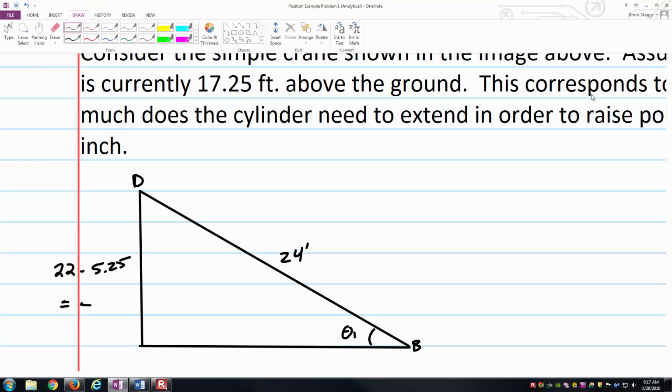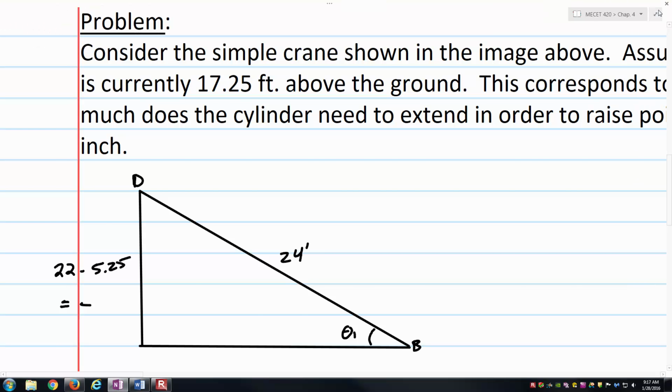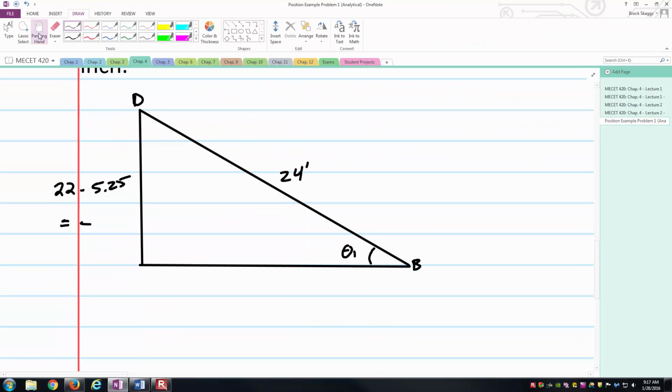I'm spending a lot of time coming up here, so give me 1 second. I'll just remove that so that those always stay there. And we'll go like this. And so this is 16.75 feet here. So at this point, I know the opposite side and the hypotenuse, so inverse sine should be able to help me. And so I'll just come right below here and say, okay, theta 1 is equal to the inverse sine.